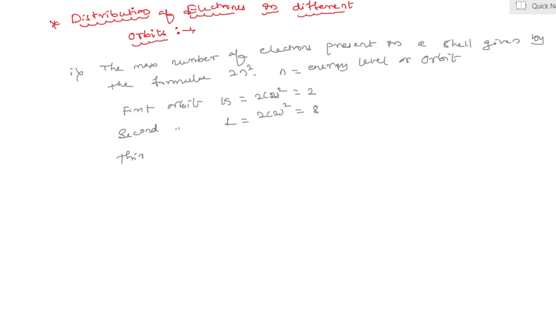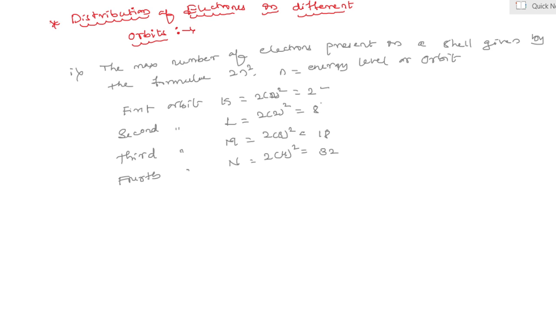The third cell or third orbit, M, is equal to 18, and the fourth orbit, N, is 2 into 4 squared, equal to 32 respectively. The maximum number of electrons in the K cell is 2.